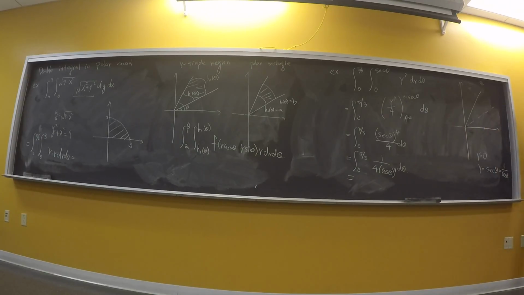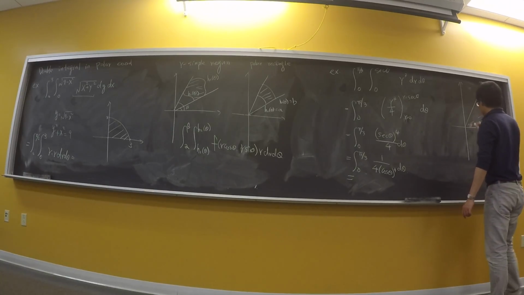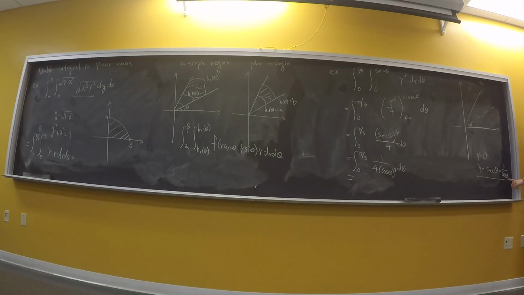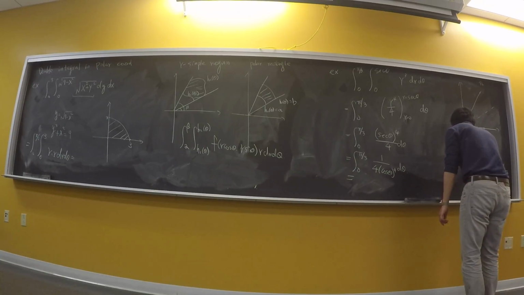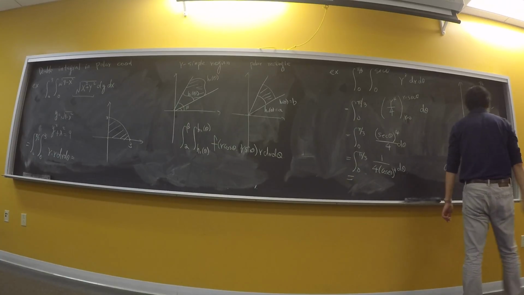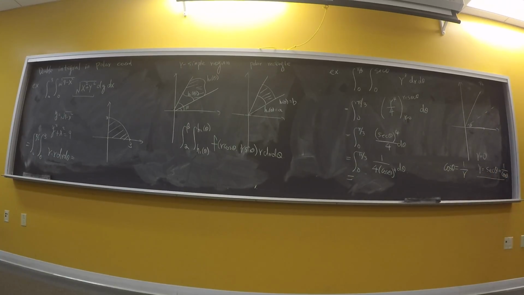All right. But I want to look at this equation more closely, and I want to see what exactly this is. If r is equal to 1 divided by cosine theta, where theta is the angle right here, I can indeed rewrite this equation as cosine theta is equal to 1 divided by r. Am I right?